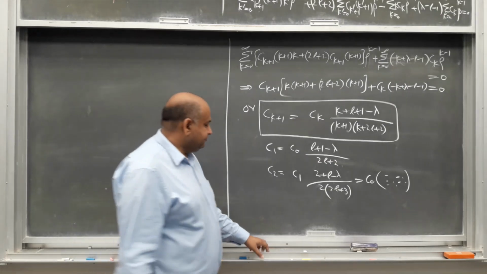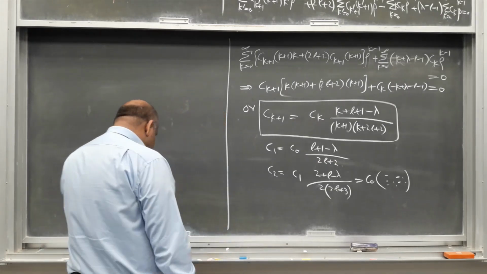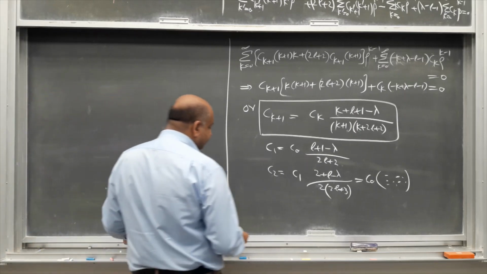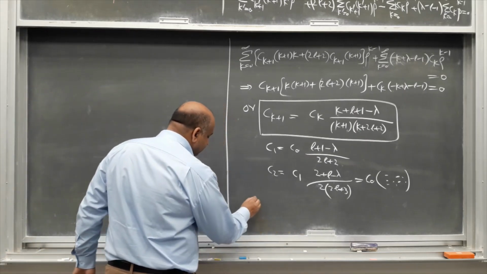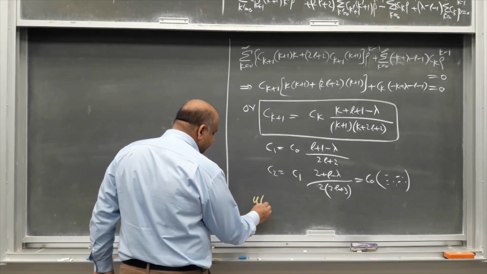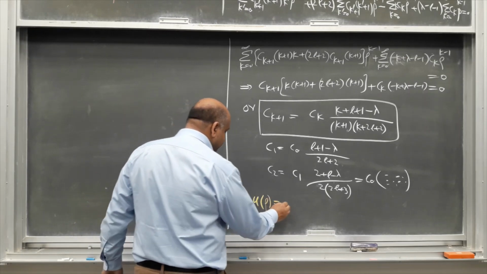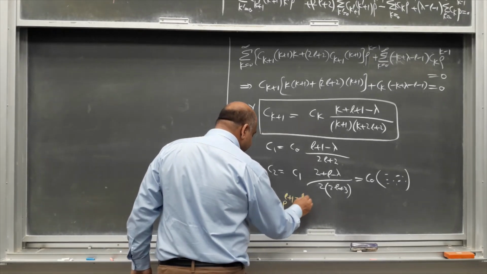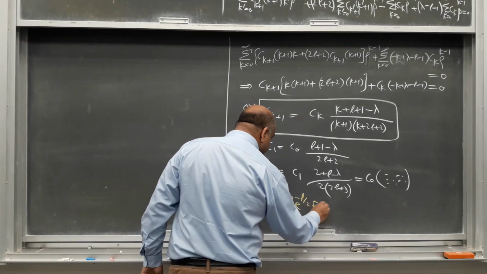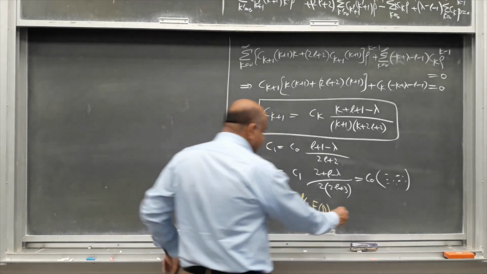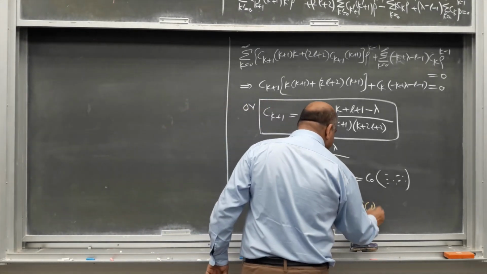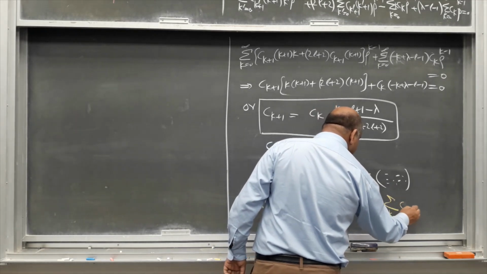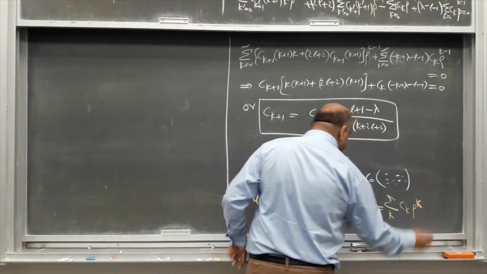However, there's a trouble, and the trouble is, if you recall, we had the actual solution u like this: rho power l plus 1 e power minus rho by 2 f of rho. And our f of rho was assumed to be some power series like this.